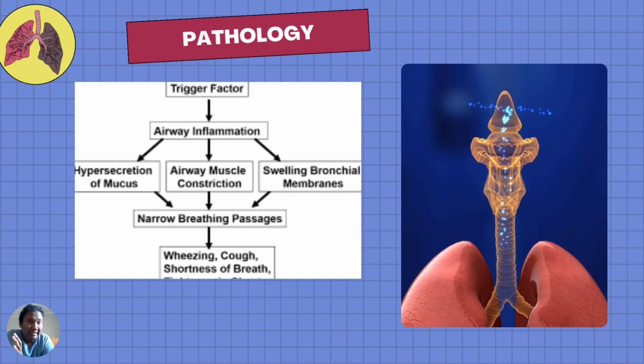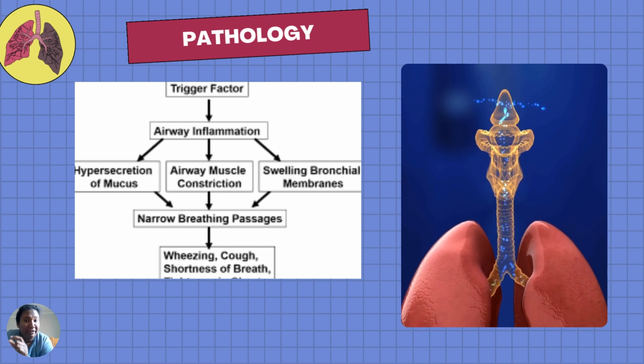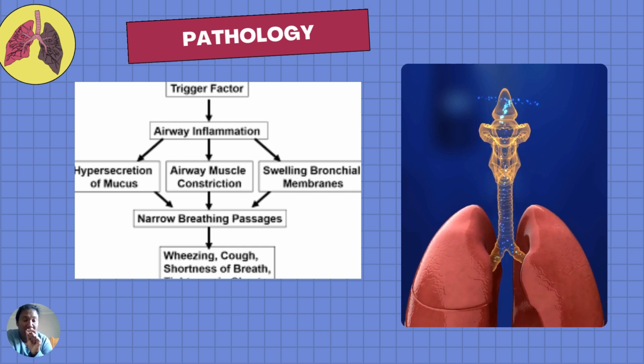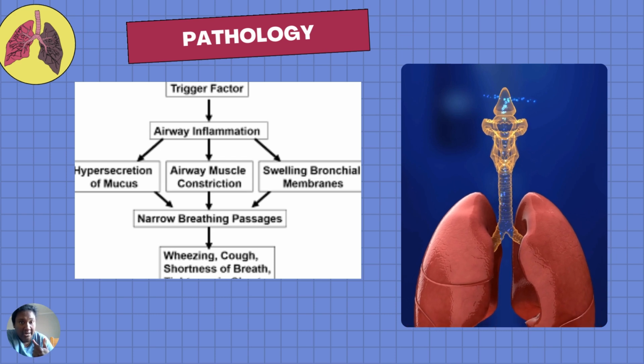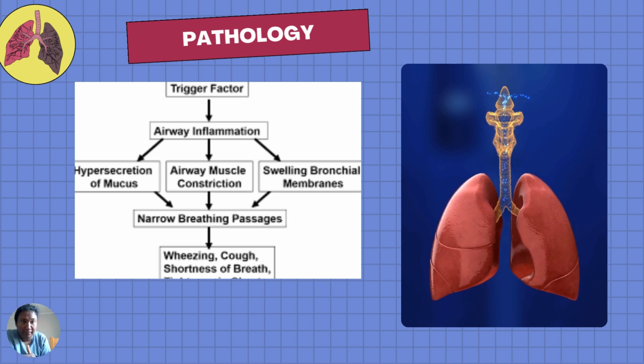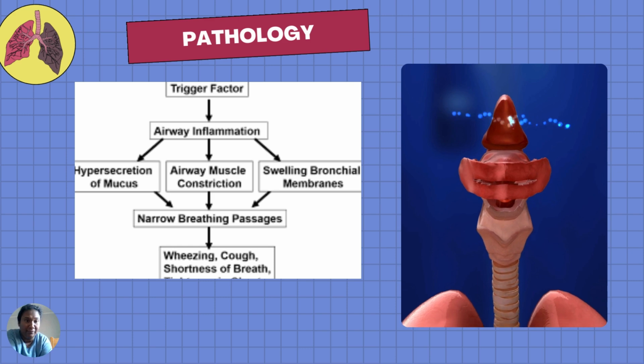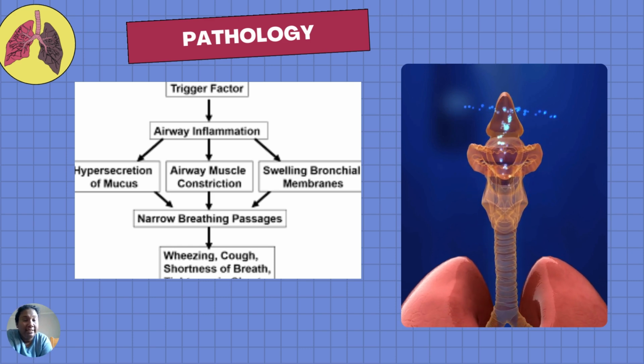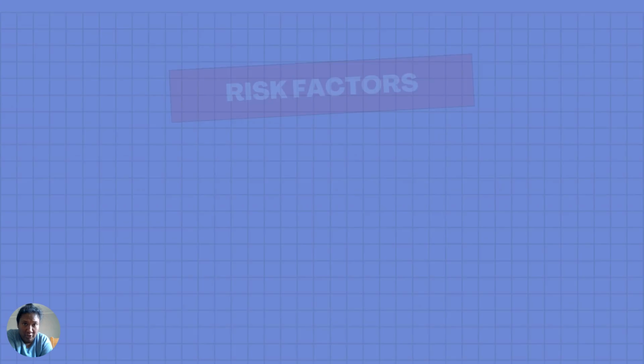All of this causes narrowing of the breathing passages, and when you have the narrowed passage, you have wheezing. All right, and then you develop cough, which may be with or without mucus, and also dyspnea, which we otherwise call shortness of breath. All right, so this is what the pathology would look like.